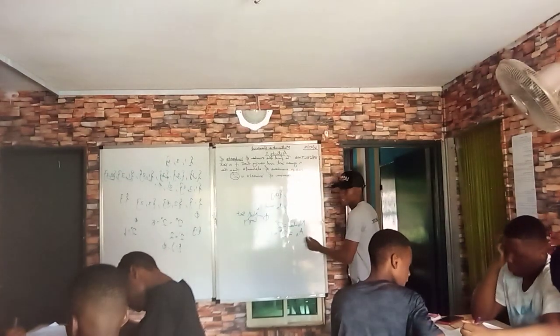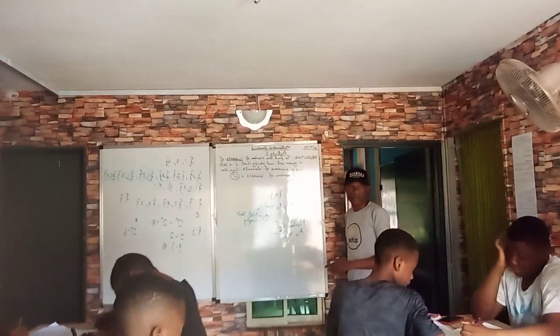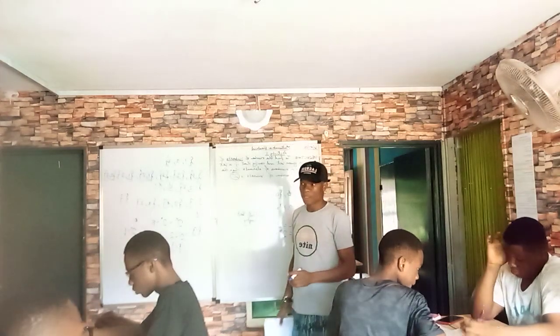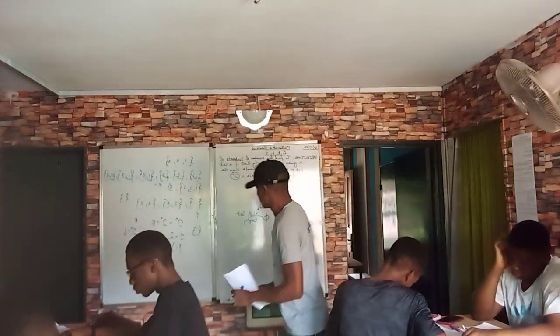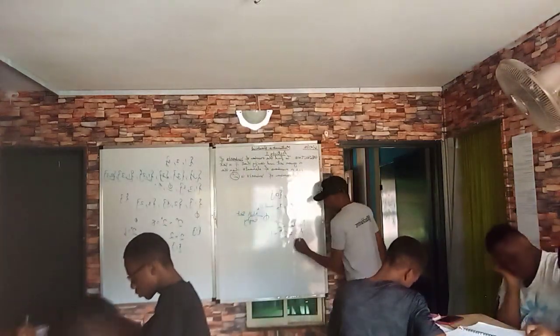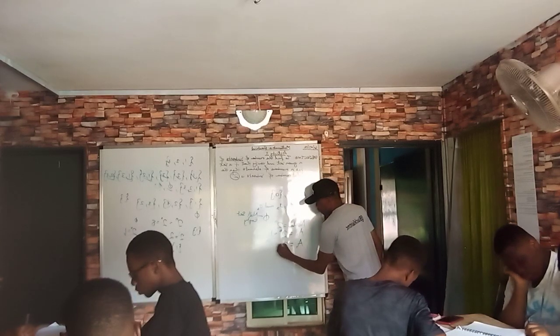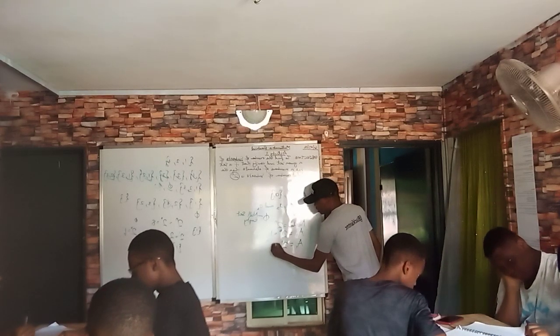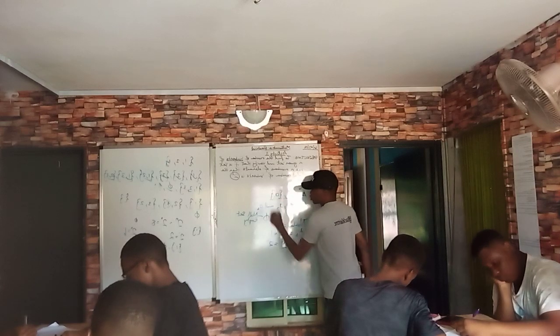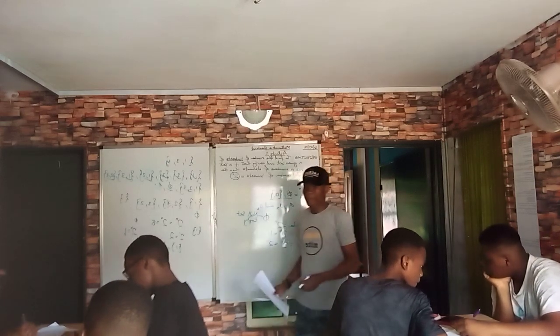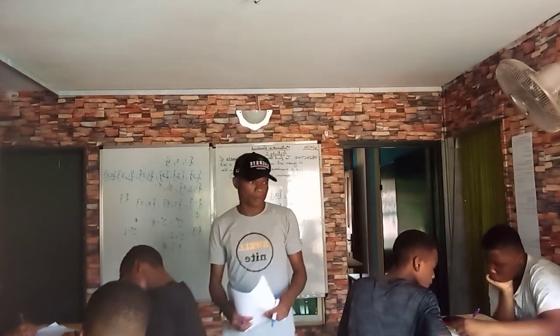Since the number of elements in A1 is 1, we have 2 raised to the power 1, which is equal to 2. And these are the two subsets: the empty set and A1.